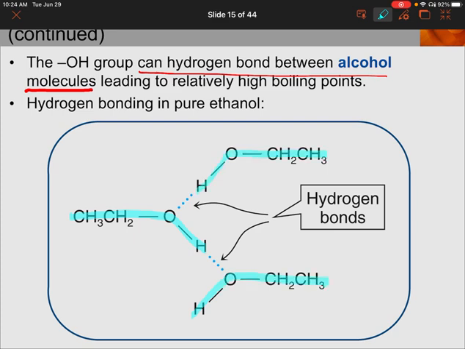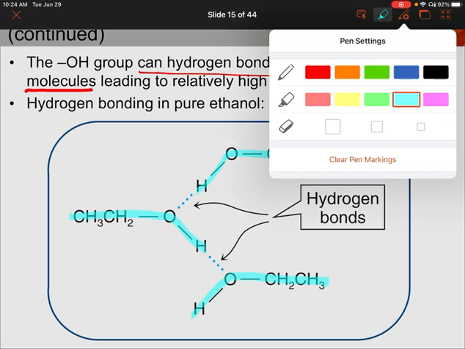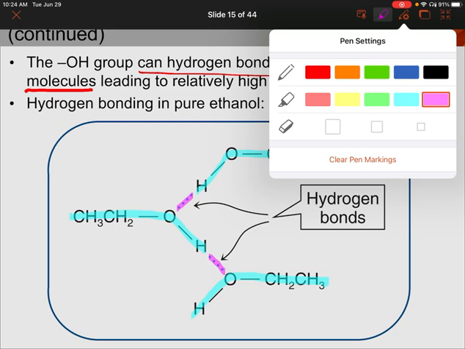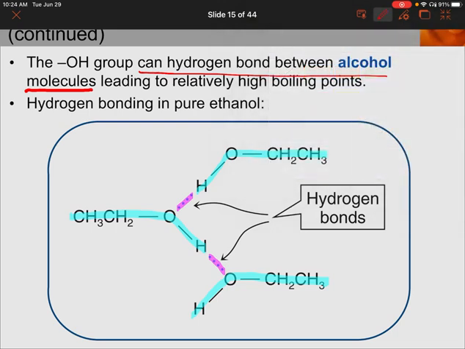We don't have any water, nothing else. We can still see hydrogen bonding occur between each of these alcohol molecules in solution. And remember, hydrogen bonds are really, really strong compared to, for instance, dipole-dipole interactions. So the more hydrogen bonding you have, the higher the boiling point.